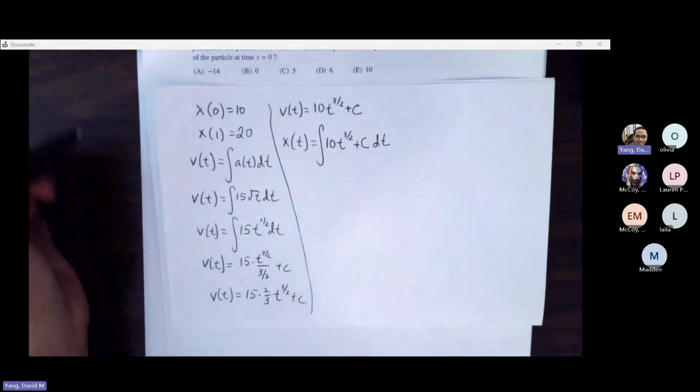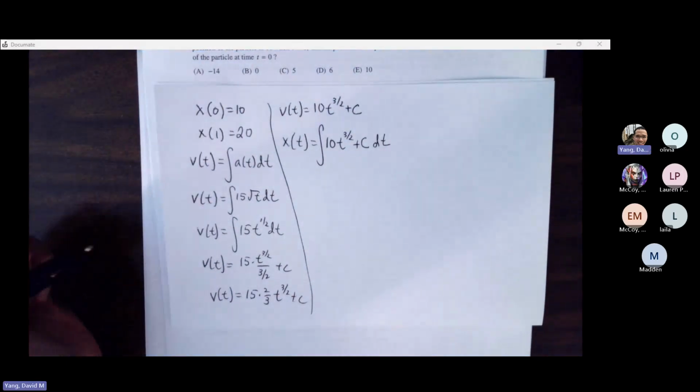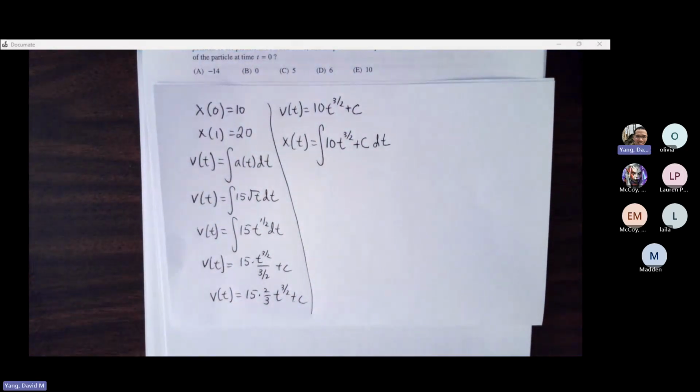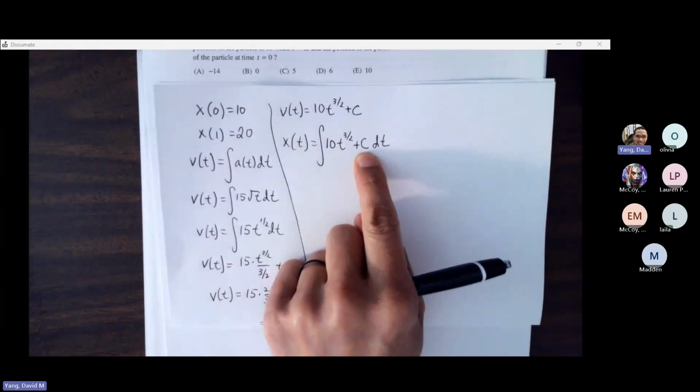Now, we don't know what c is, but we do know that c is just a constant. And if I take the antiderivative, that constant will just become linear.